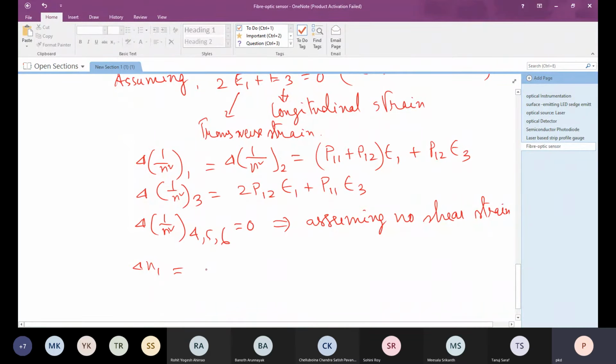Delta n1 is equal to minus half n cube into P11 plus P12 epsilon 1 plus P12 epsilon 3.